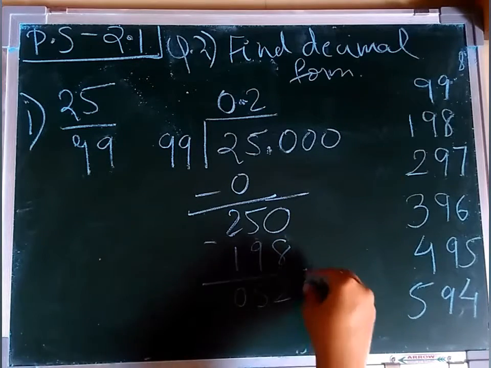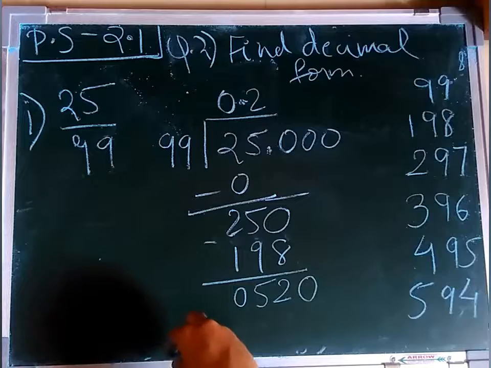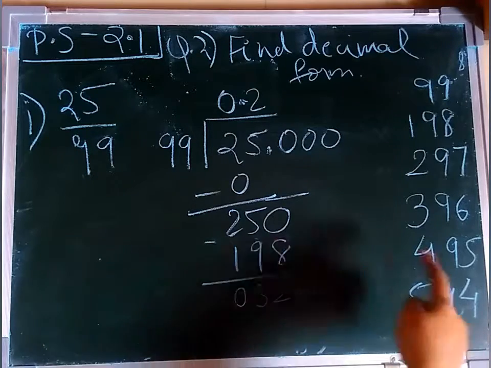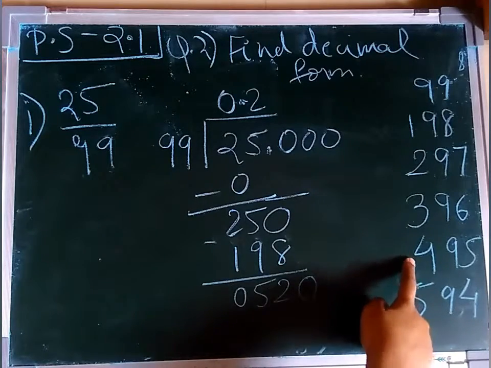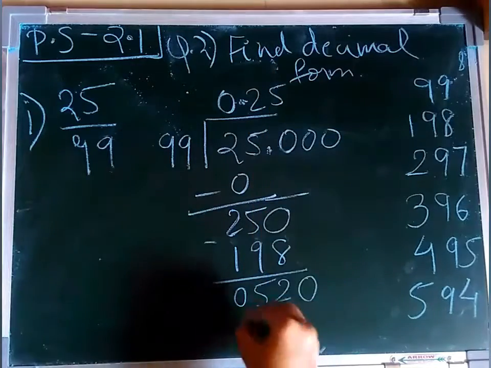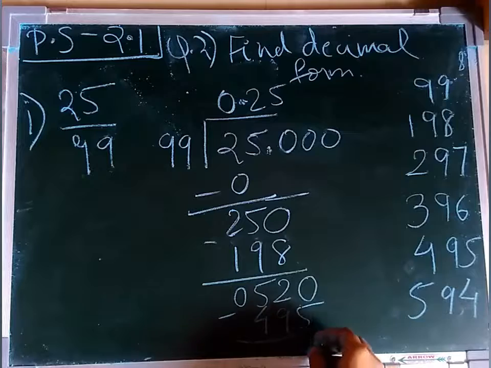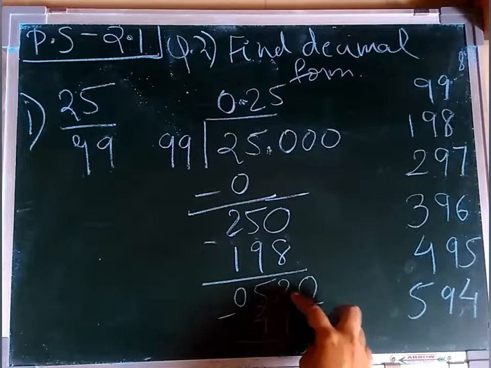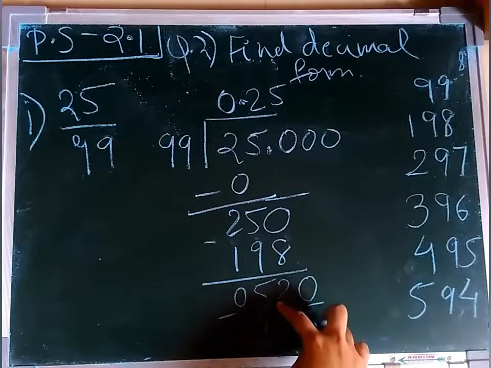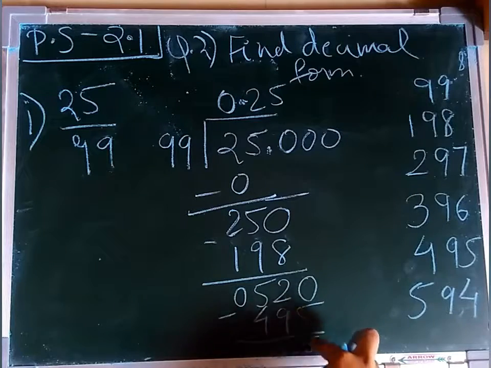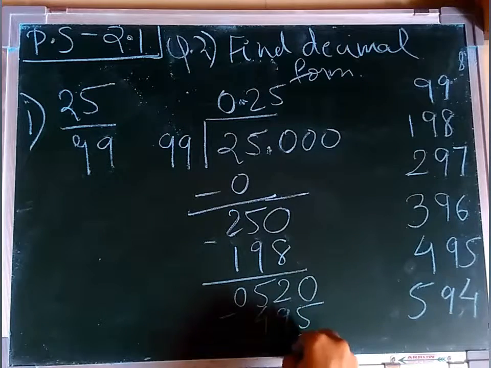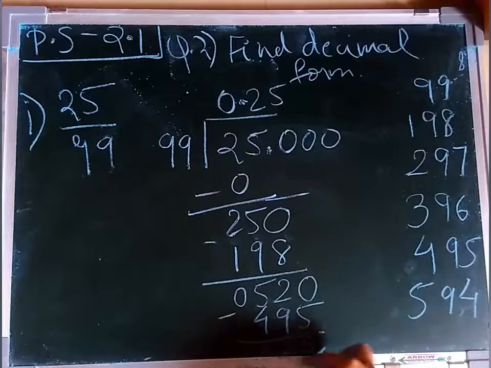Now I have 52. So I can use another 0. 520. And for 520 I can use this. So 5s are 99 into 5 is 495. The remainder will be 5. 1 carried 12, 1 carried 10, 10 minus 5 is 5, 11 minus 9 is 2, and 0. 25.